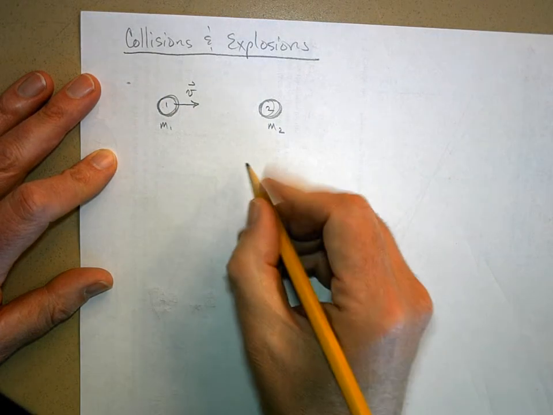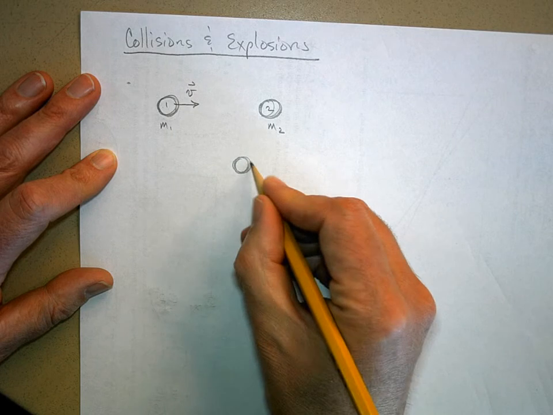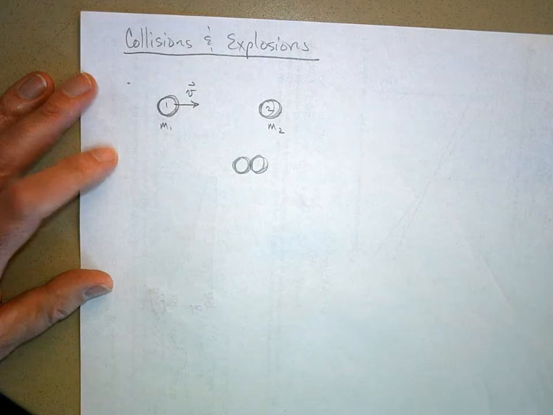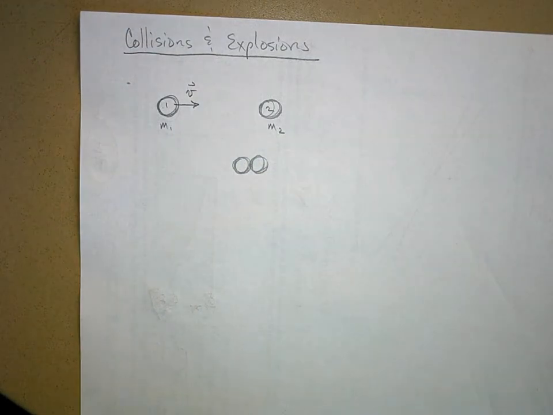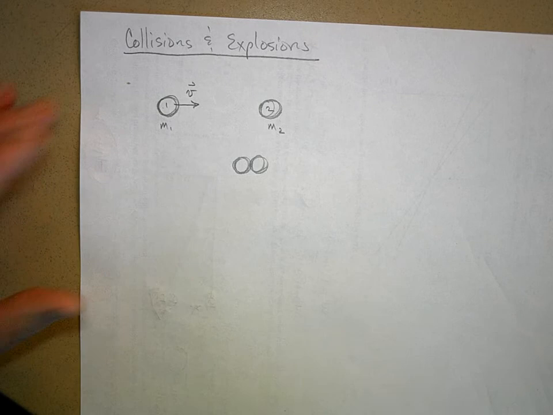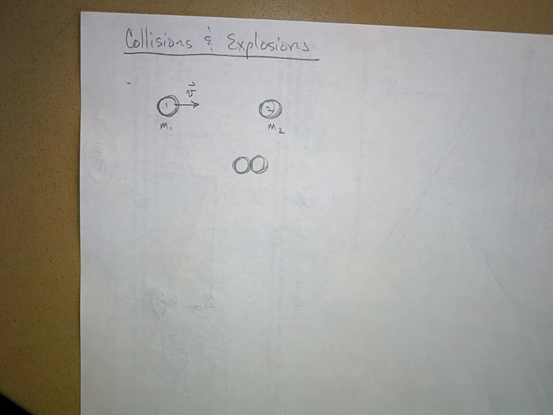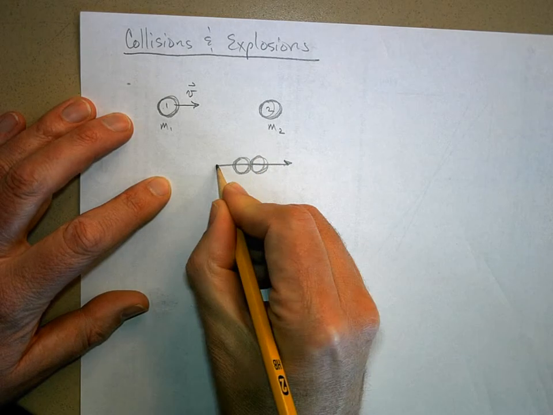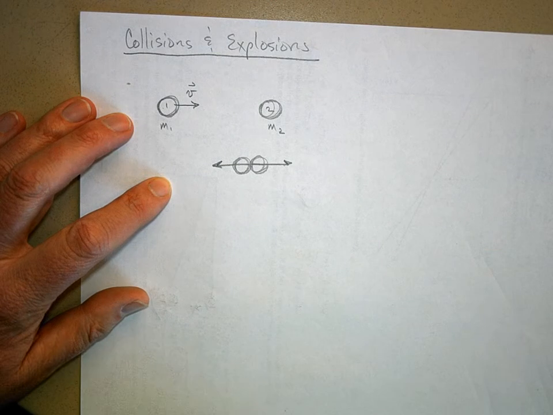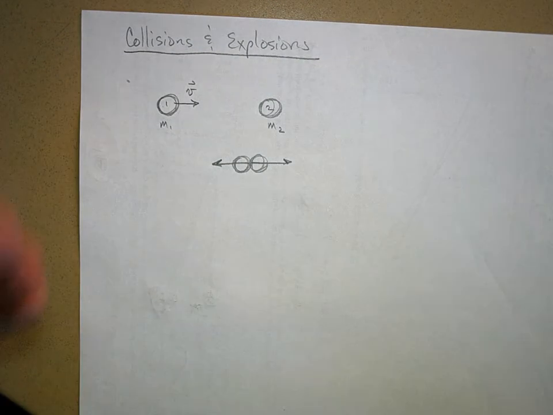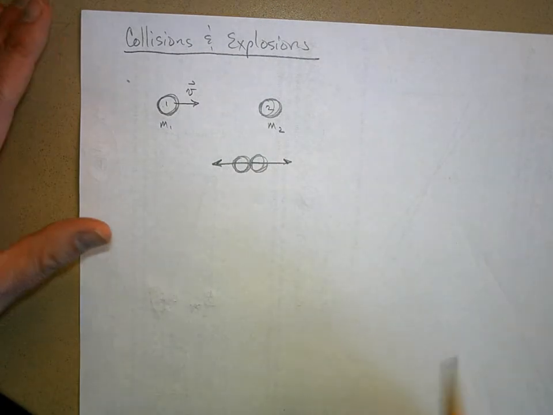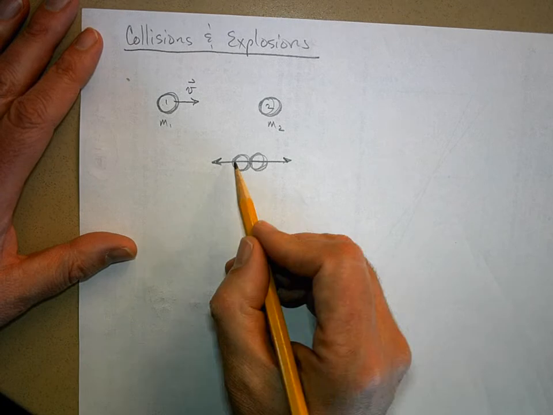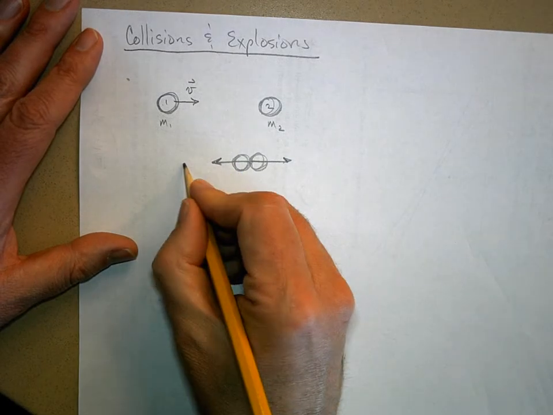Then they collide, and when they're in contact with each other for a brief period of time, maybe a hundredth of a second, they apply a force and therefore an impulse to each other, and therefore they change the momentum of each other. Newton said correctly, and we've verified this with all kinds of experiments and observations, that this is the force of object 2 on object 1.